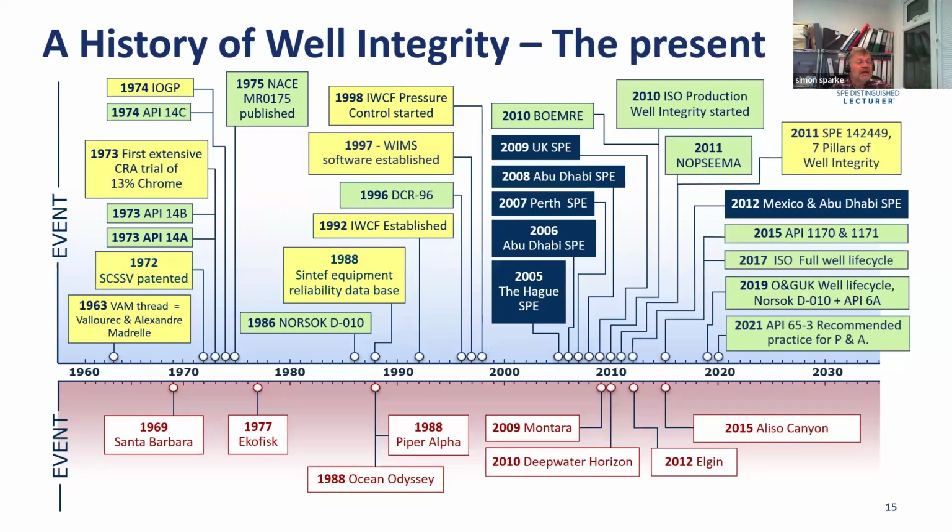As a result of that, we then had a variety of other regulatory environments looking at all their issues, stimulated by what was going on with the SPE and many other industry practices. So we started to see things like the Oil and Gas UK well life cycle, NORSOK getting updated on a regular basis, API 6A was produced, and on it went.